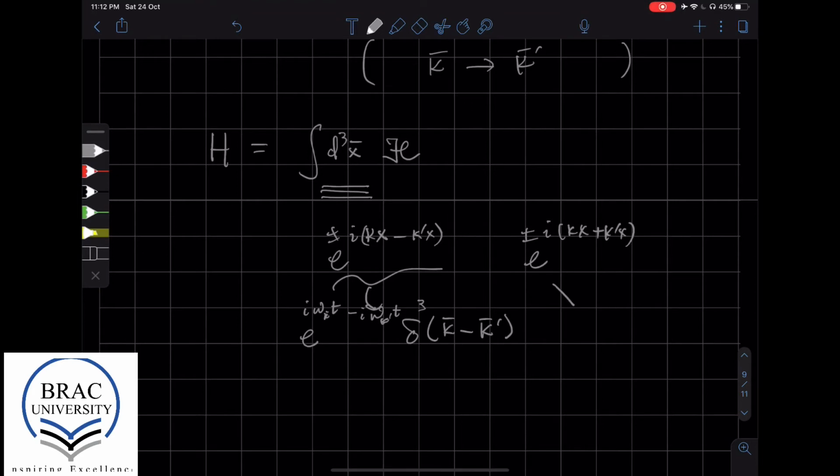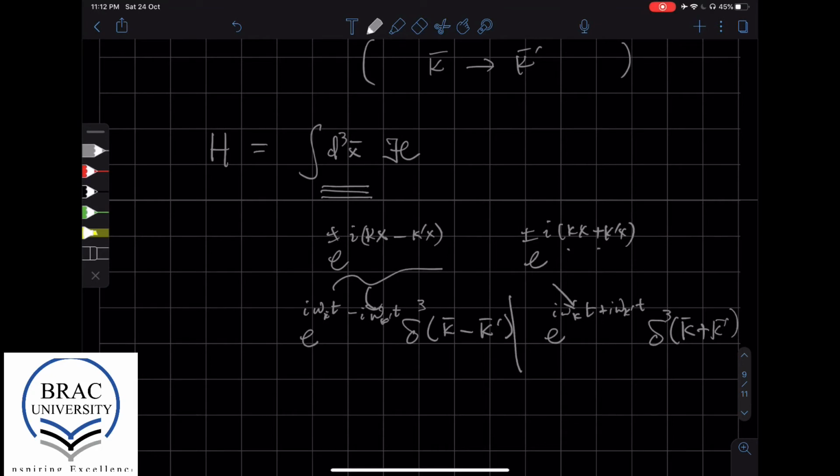And over here, because the signs are the same, we are going to have a three-dimensional delta function whose argument will be k plus k prime, multiplied by e to the power i omega_k t plus i omega_k' t. So we're going to have those.